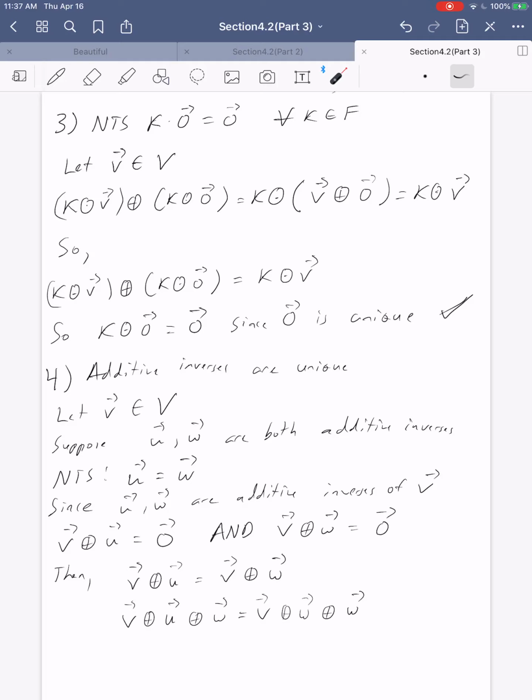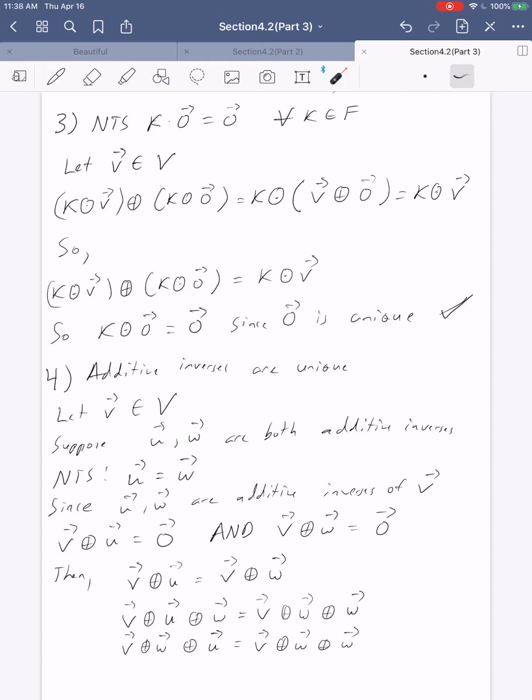Now, we know that vector addition is commutative, so let's change the order of this. So let's make this V plus W plus U equals V plus W plus W.